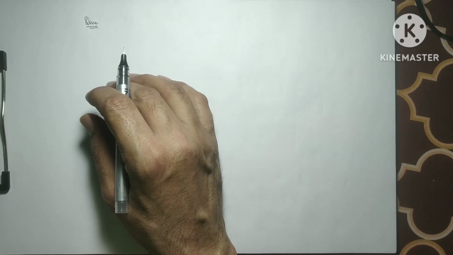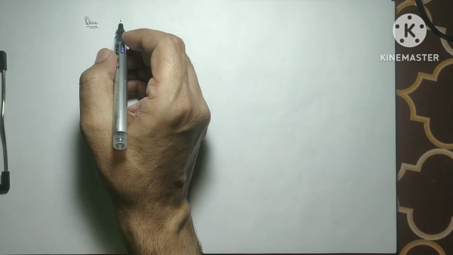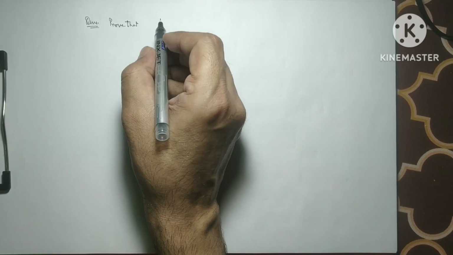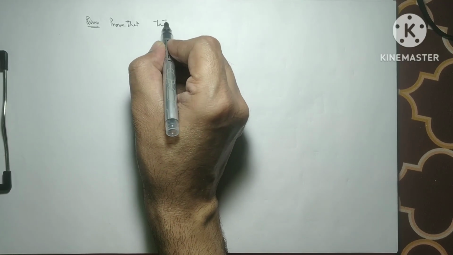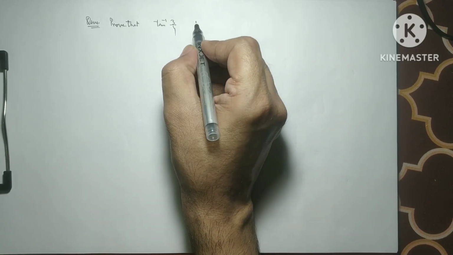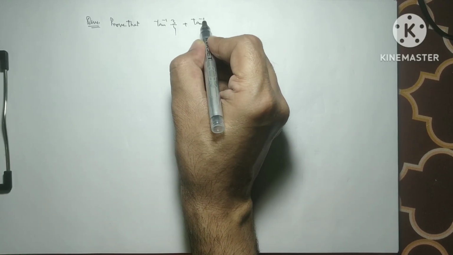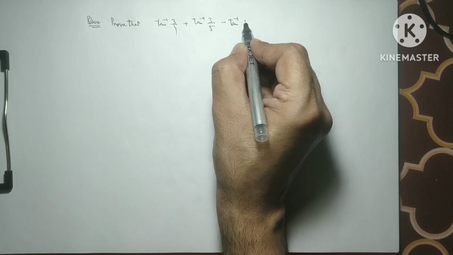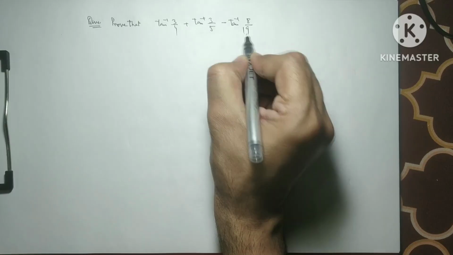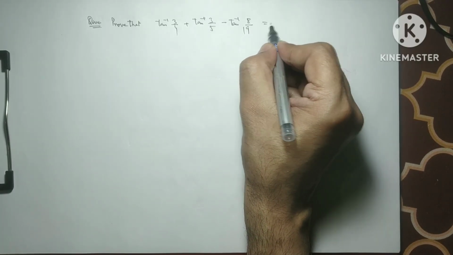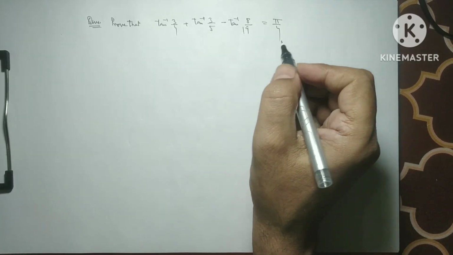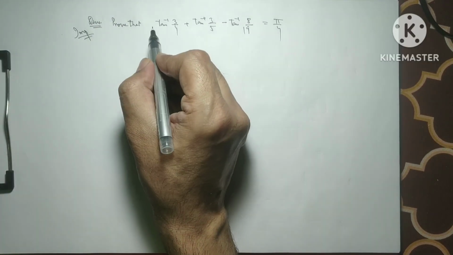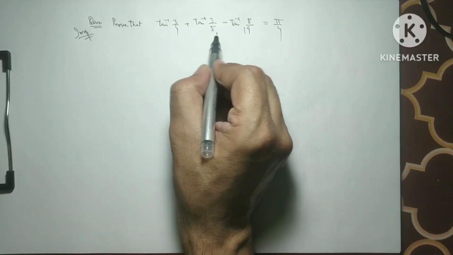Now the next question, that is, prove that tan inverse 3 by 4 plus tan inverse 3 by 5 minus tan inverse 8 by 19 equals pi by 4. So right now we pair any two.